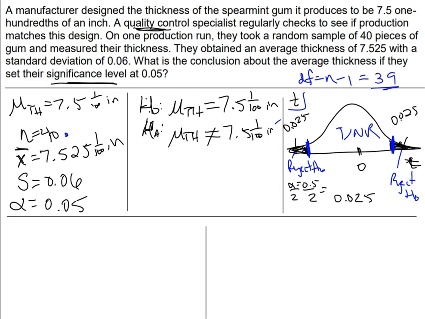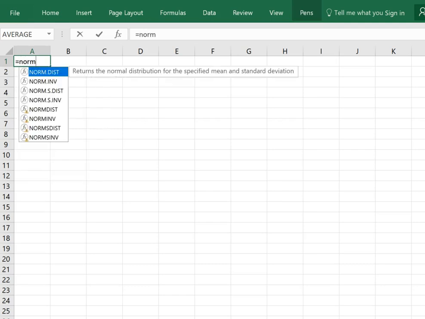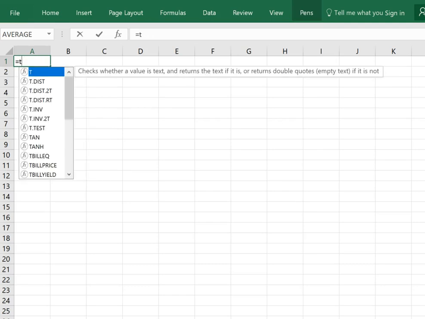In order to carry that out in Excel, we can bring up Excel, and I've got equals. And again, if I was doing a z distribution, I'd want to do the norm, right? But instead, I'm doing a t distribution.